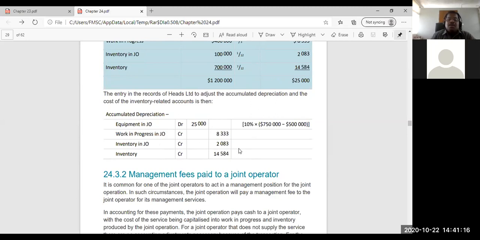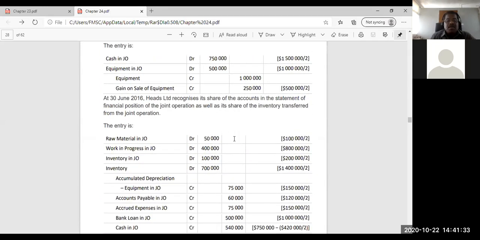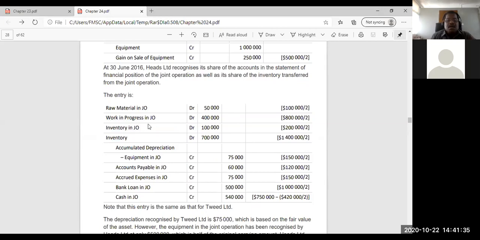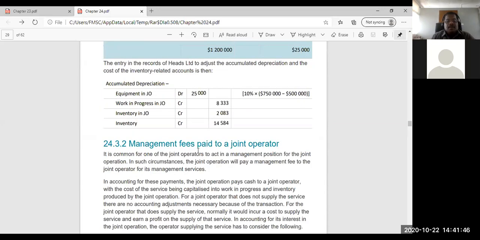So the entry is recorded by H Limited to adjust the accumulated depreciation and the cost of inventory related accounts. So the respective entries which were recorded, work in progress and inventory, are reduced proportionately. That is the idea.